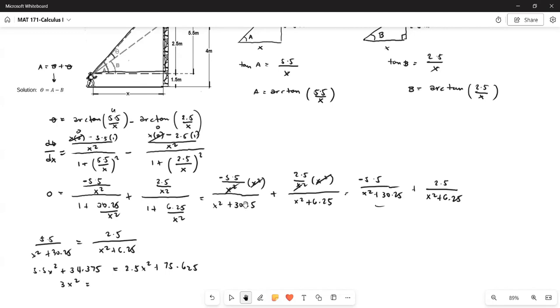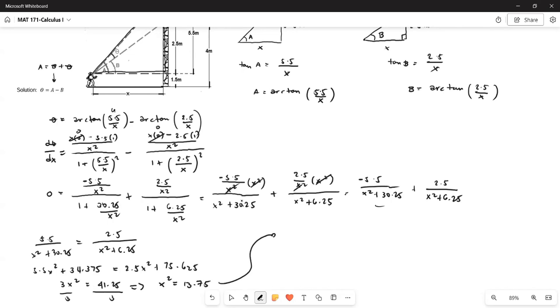75.625 minus 34.375 is 41.25. Divide both sides by 3. O magkakaroon tayo ng x squared is equal to 13.75.